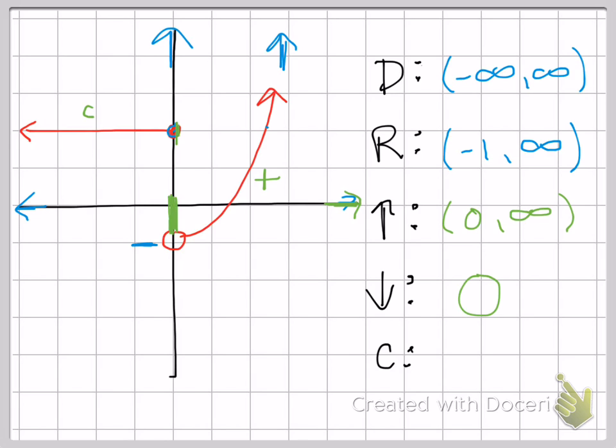It's decreasing nowhere, and it's constant from negative infinity to 0. And again, notice we don't use brackets; you only use parentheses for increasing, decreasing, and constant.